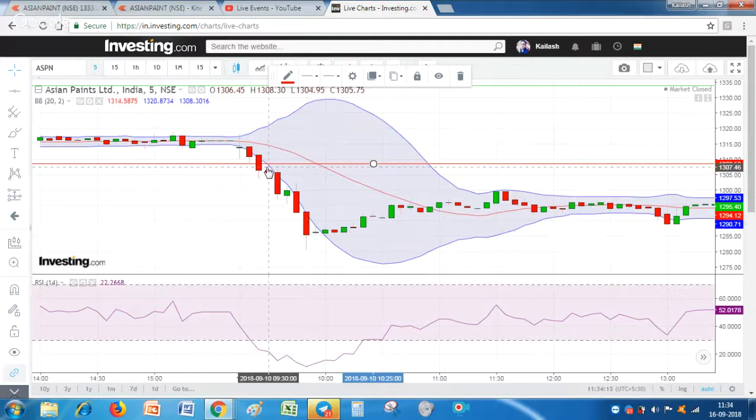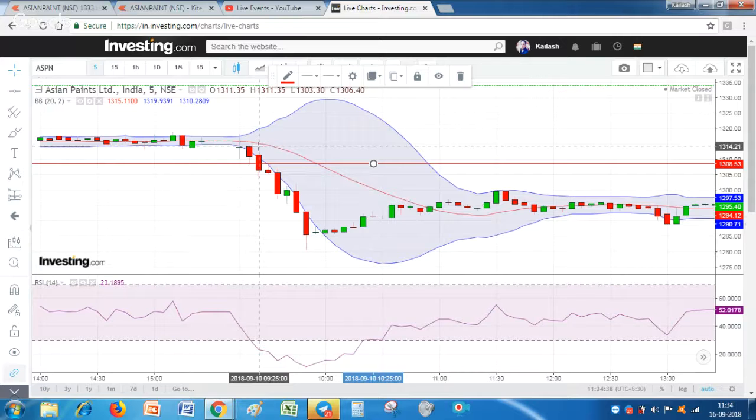So we need to immediately trail the stop loss. Suppose we have taken a stop loss at this level. Sorry, what is this level? Yeah, this is 1315, 16 somewhere. Or we can keep it at the top of the previous candle where we have shorted. We have to see for that condition. Accordingly, we can consider this situation also.